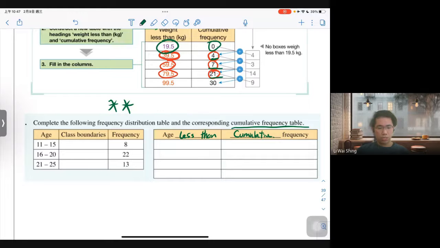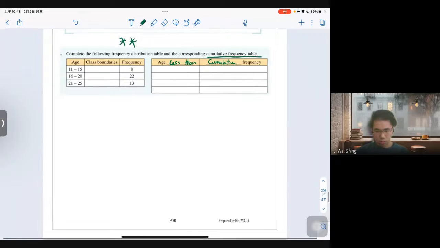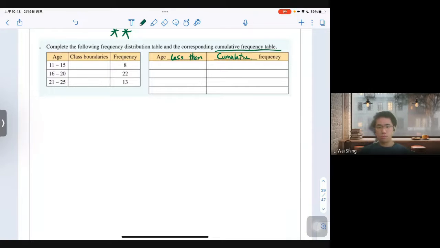If you have finished it, take a photo and post it to Google Chat. Okay, waiting for your answers. Can't wait to see your answers.